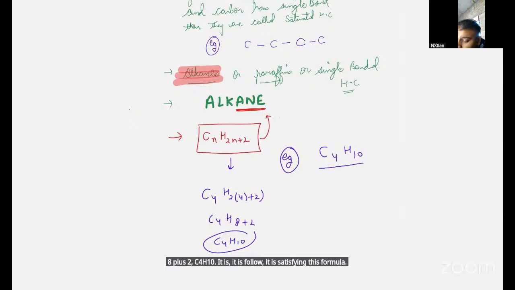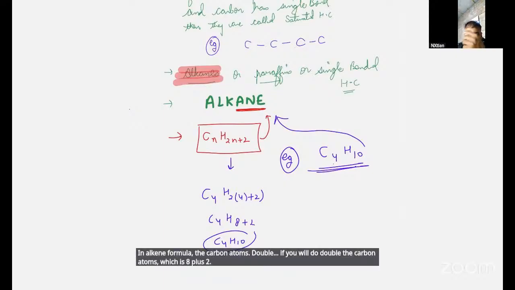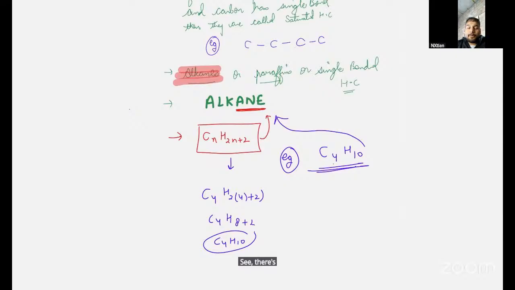Hence, this compound is an alkane. Here's a trick to find whether the compound is an alkane or not: the number of carbon atoms, doubled, plus 2. Like 4 doubled is 8, plus 2, 10. It's an alkane.